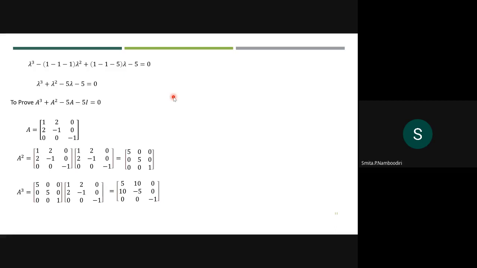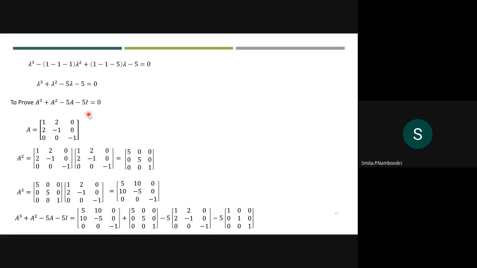Substitute here, just check these values, okay? Then substitute everything here and the answer should come as 0. We have put A cube, A square, A and I, and the answer should be 0. I've got the answer as 0, please check whether I've made some mistake.